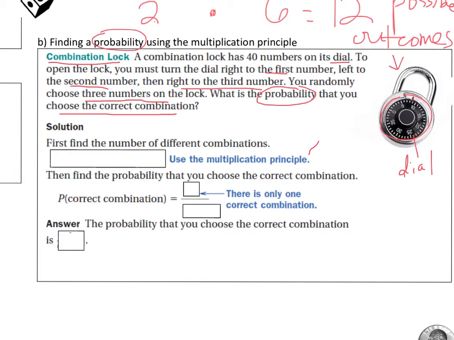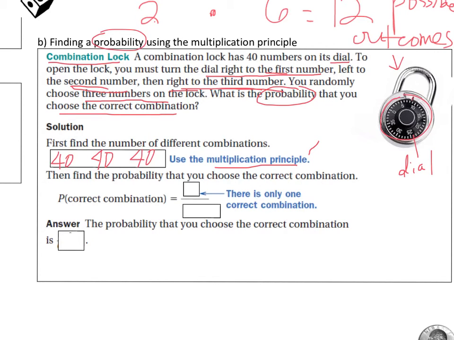Okay, first you need to find the number of different combinations by using the multiplication principle. So you know the first time you turn the dial right for the first number, there are a total of 40 possibilities. And when you turn the left for the second number, there's another 40 possibilities. And when you turn the dial to the right again for the third number, there's another 40 possibilities.